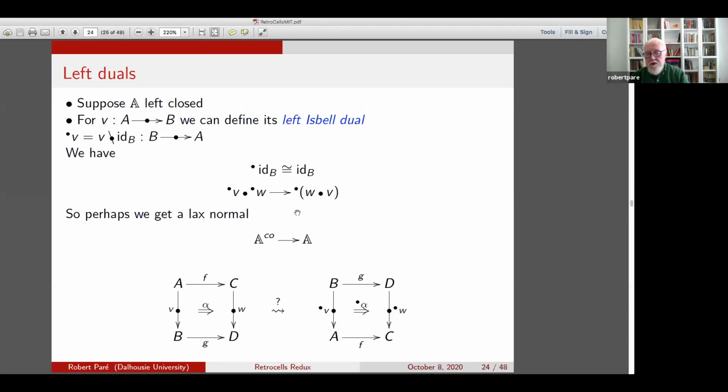Now, just to simplify things, let me define the left dual. So suppose now that A is left closed, so it has these internal homs. Then I can define the left dual to simply be the internal hom V under identity on B. I call this Isbell dual. It's not really a duality because if you do it twice, you don't get the same thing back.